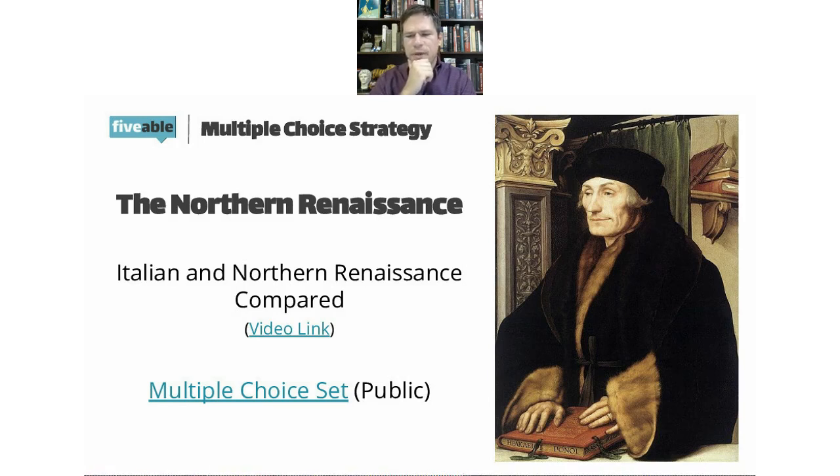The Italian Renaissance is more secular and individualistic, and the Northern Renaissance is more socially oriented and Christian. The concept outline may refer to it as Christian humanism, for example. That's really the big understanding we need to bring from that.